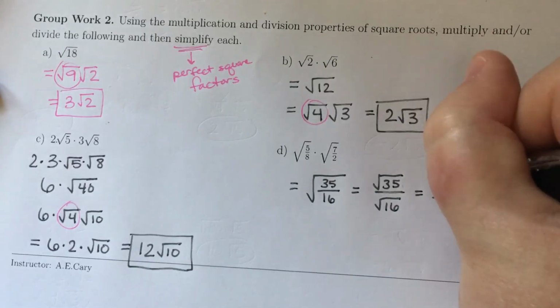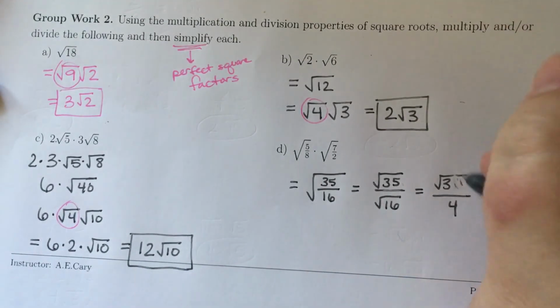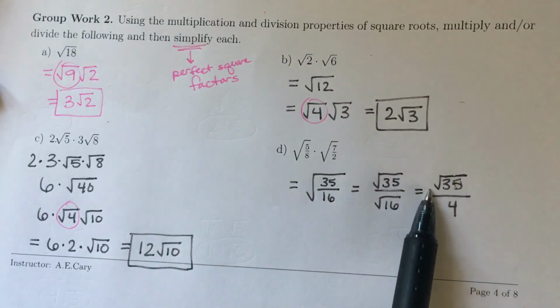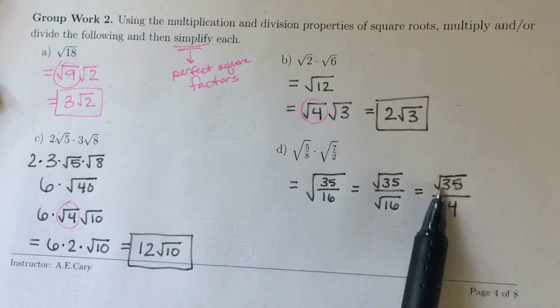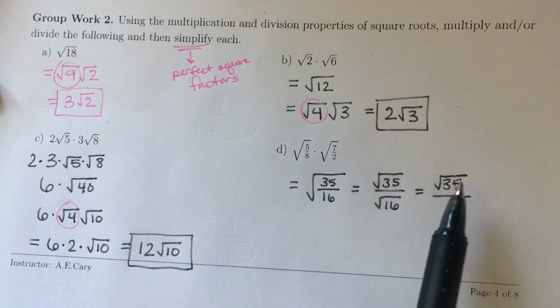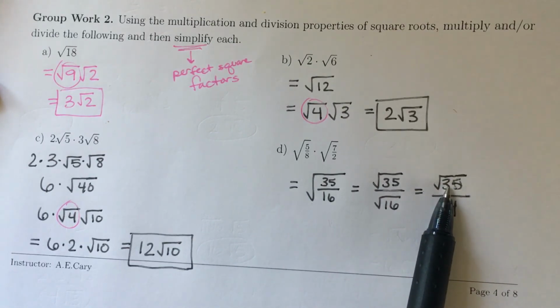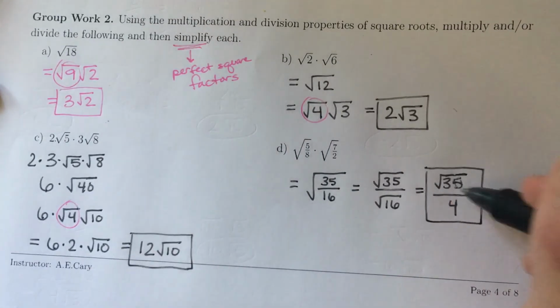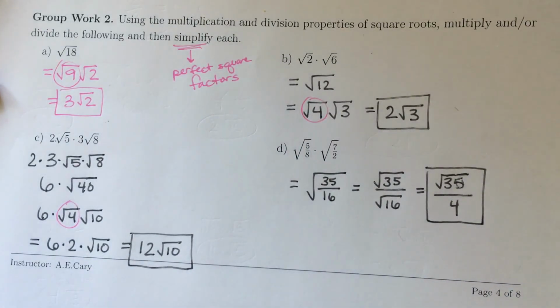I just need to make sure I'm writing square root of 35. And then for square root of 35, we should look to see if there's a perfect square that goes into it. 4 doesn't go into 35, 9 doesn't go in there, 16 doesn't go in there. So I think we're good. So once we've checked that perfect squares don't go into 35, then we're done.